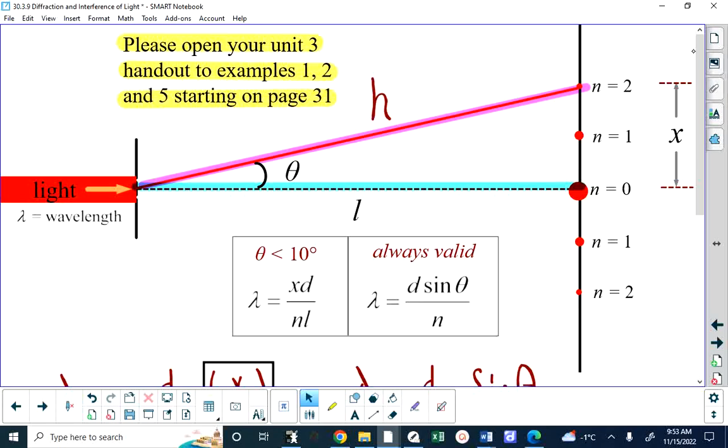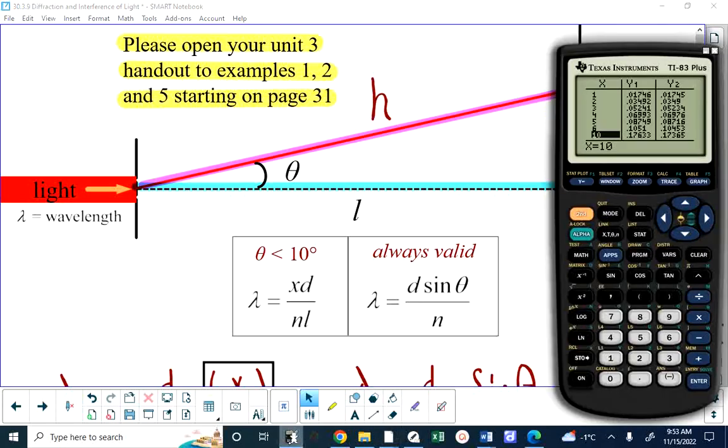Okay. One final point here, and I'm just trying to draw a connection between physics and math. I'm going to graph y equals sine of theta up to 90 degrees.